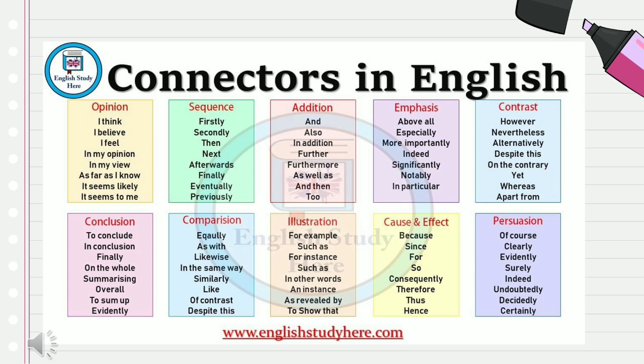Illustration: for example, such as, for instance, in other words, as revealed by, to show that. Cause and effect: because, since, for, so, consequently, therefore, thus, hence. Persuasion: of course, clearly, evidently, surely, indeed, undoubtedly, decidedly, certainly.